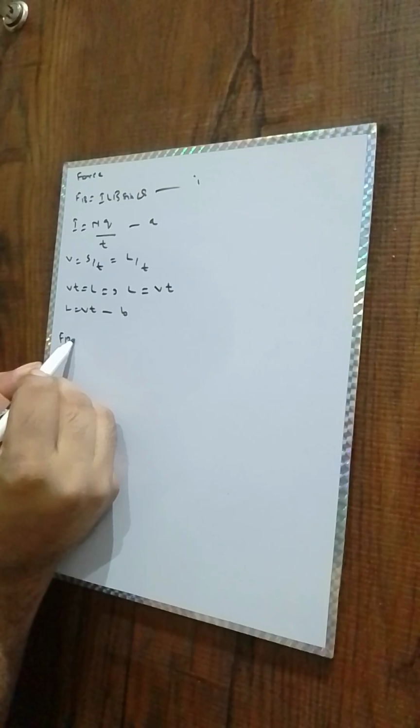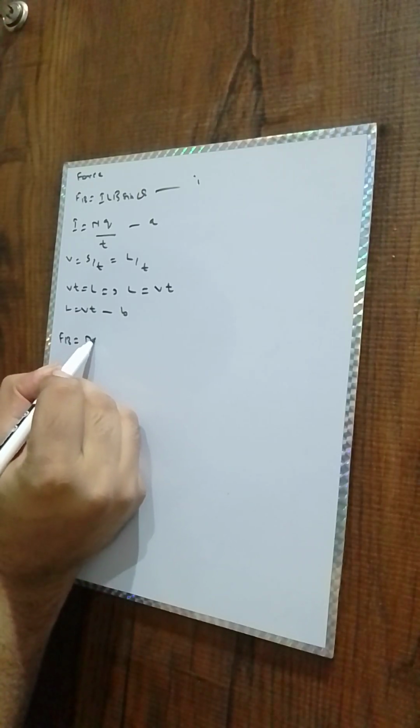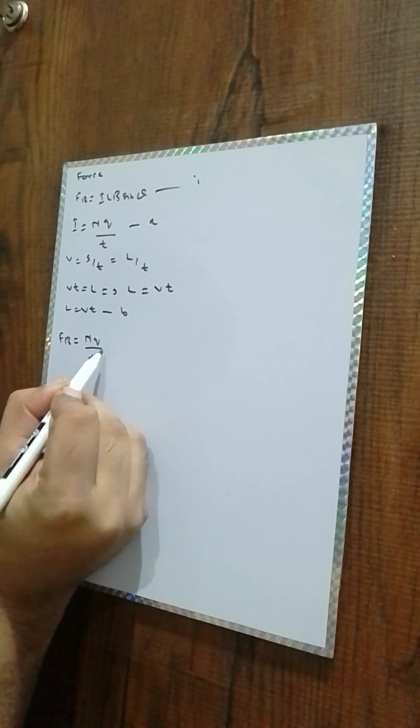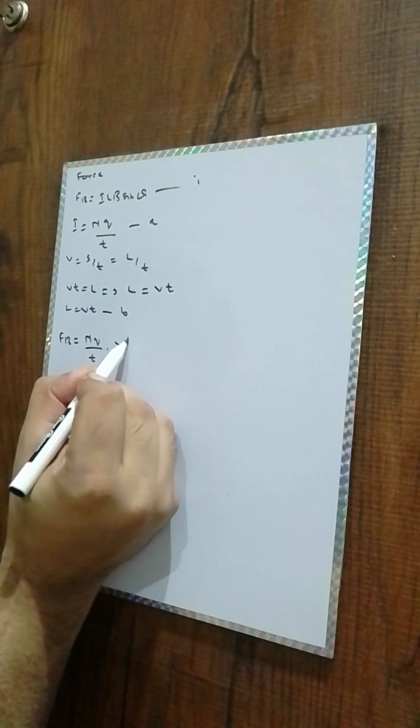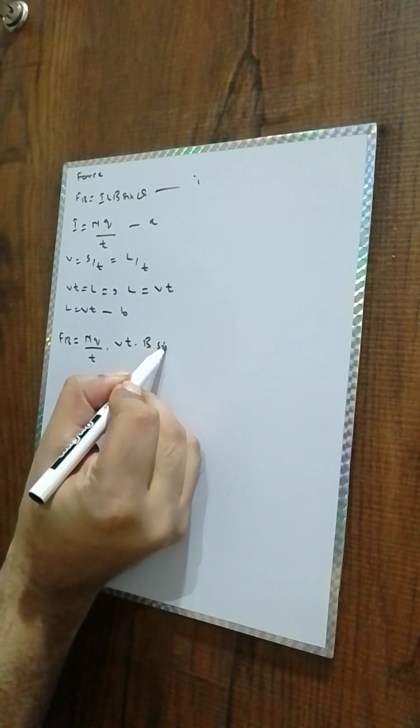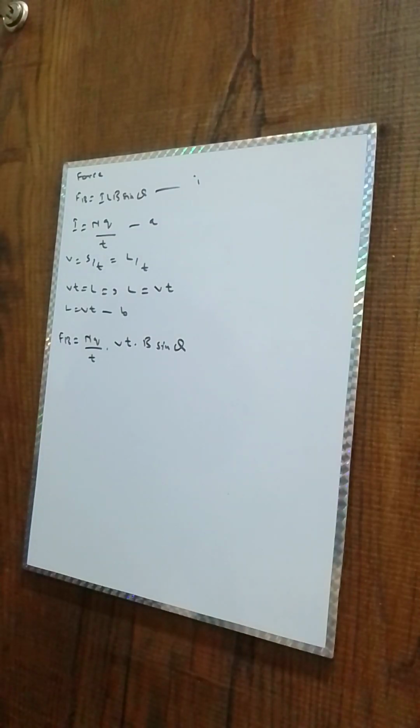So Fb becomes equal to nq by t dot vt dot B sine theta.